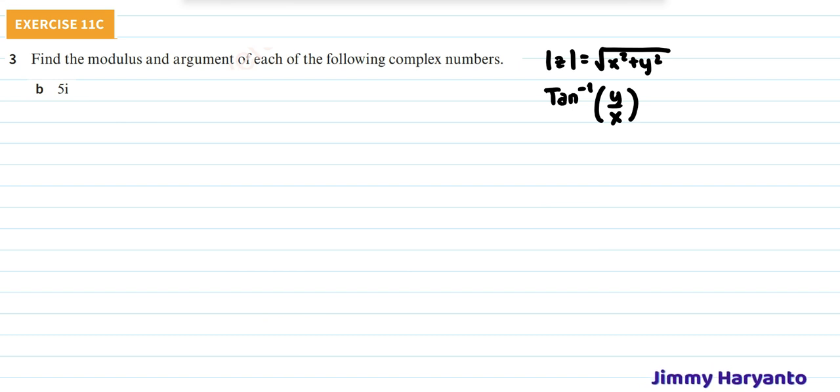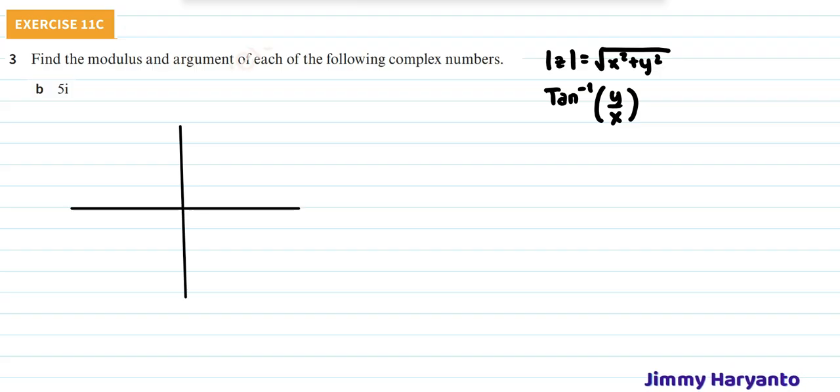And then next is 5i. For the 5i, you don't have to use the formula with tangent. You only have to see the graph, because 5i is a point that lies on the imaginary axis. Yeah, so it will be right here. That means the length will be 5.